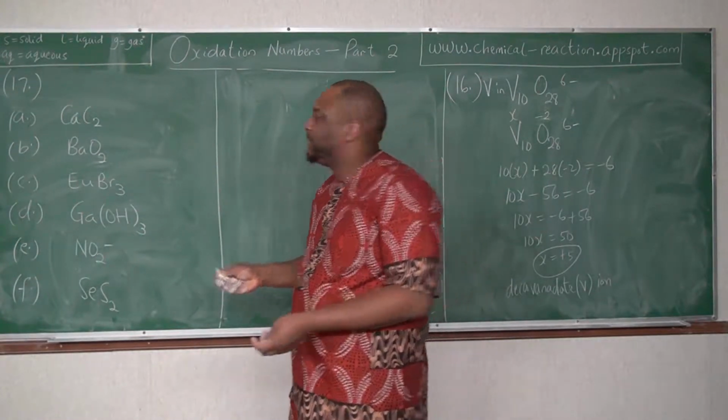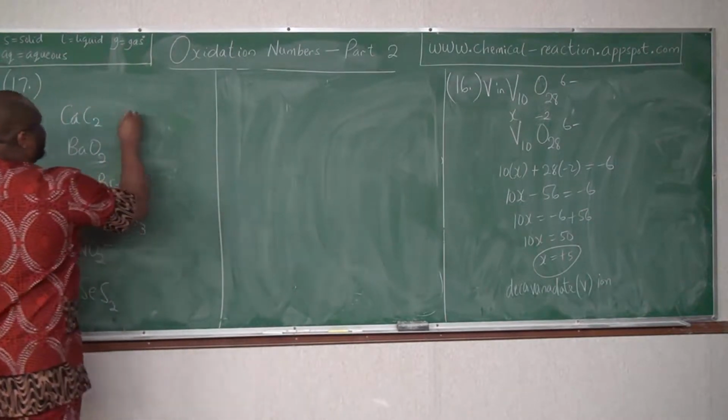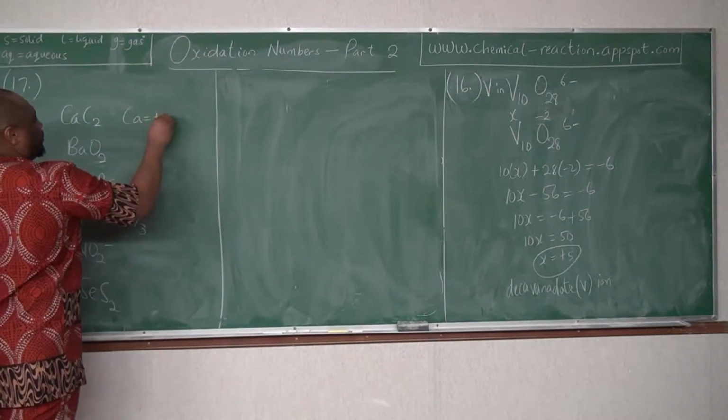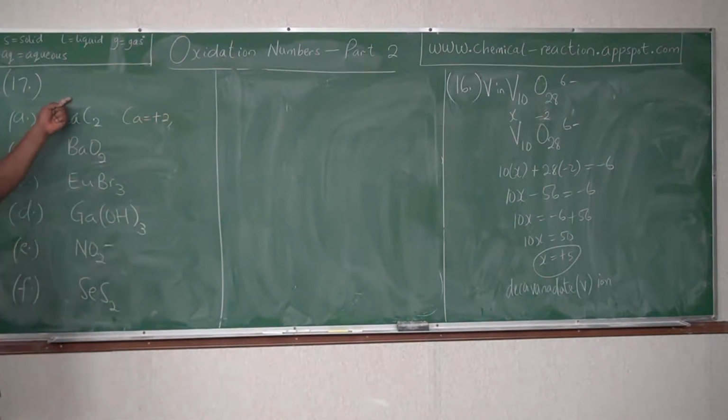Calcium we already know is plus 2, so I'll write calcium is plus 2. For calcium carbide, let the carbon be x.